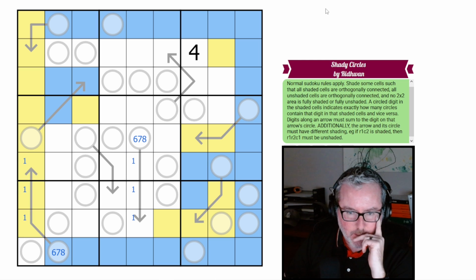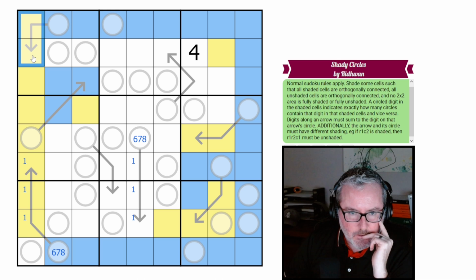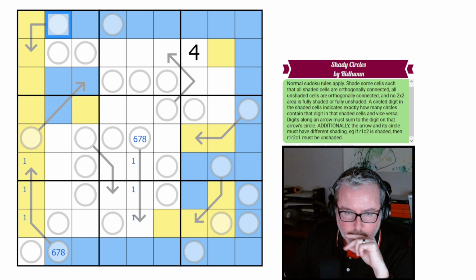I don't know if that's really helpful. It starts to push this, though, because this now has to get up to at least 5. So maybe this is in some way helpful.